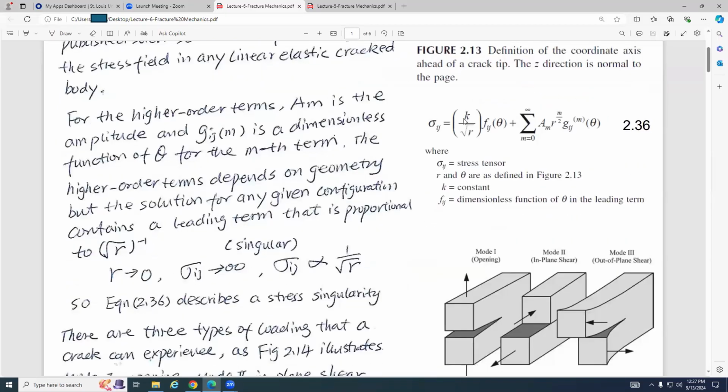So you can see when r goes to 0, sigma ij goes to infinity. This is understandable, right? Based on this equation, when the denominator approaches 0, what will happen to the function value? The function value is infinitely high. So sigma ij goes to infinity if r goes to 0. That means sigma ij is proportional to 1 over square root r. This is called singular.